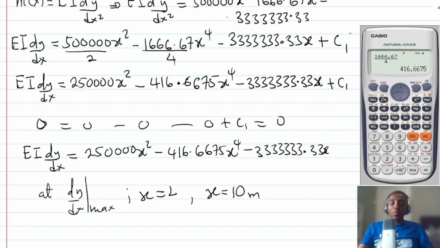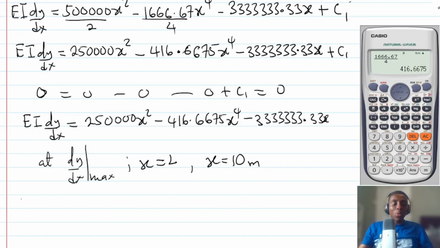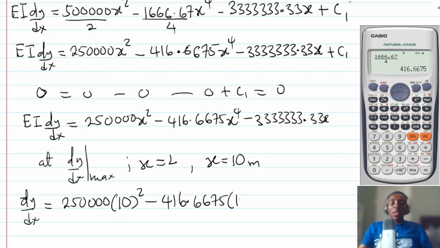Okay, put 10 there, which means the maximum slope, dy/dx, is going to be 250,000 multiplied by x squared, and x is this time 10 squared, minus 416.6675 times 10 to the power 4, minus 1, 2, 3, 4, 5, 6, 7.33, and the x there is 10. Okay, so yeah, that is it.